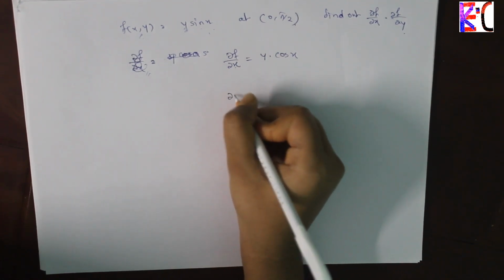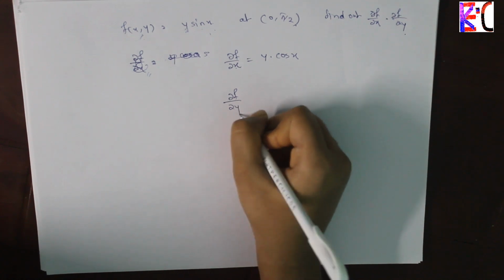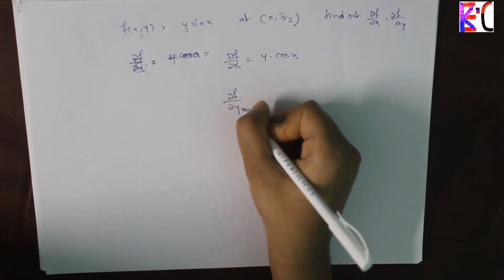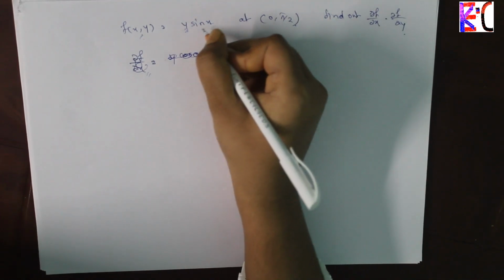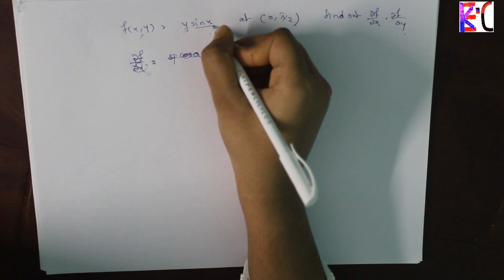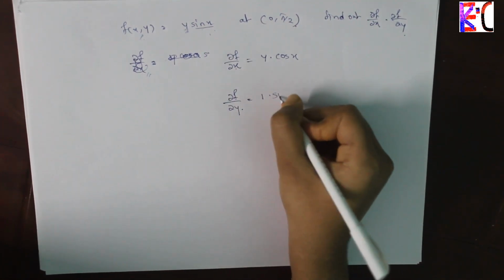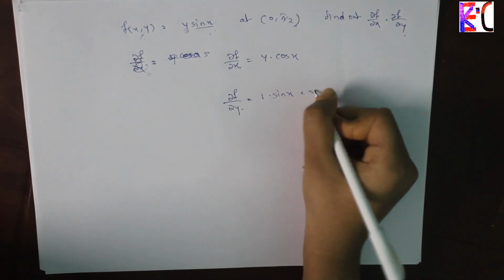And del f del y: when the derivative is with respect to y, then x is constant. That's why sin x is constant, and the derivative of y is 1, into sin x, equal to sin x.